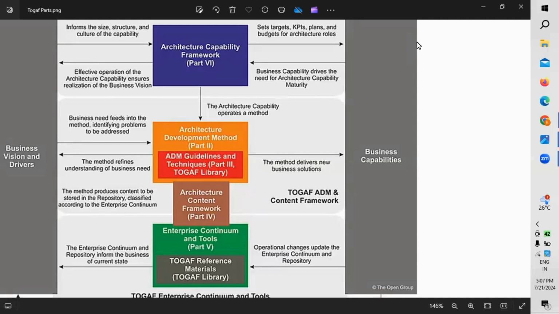The difference between 9 and 10 is something we must know first. The TOGAF framework, meta model, and architectural governance, aligned with architectural development methods as well as capability frameworks, as I discussed in the yesterday session, are all common. Either we follow 9 or 10, both are the same.